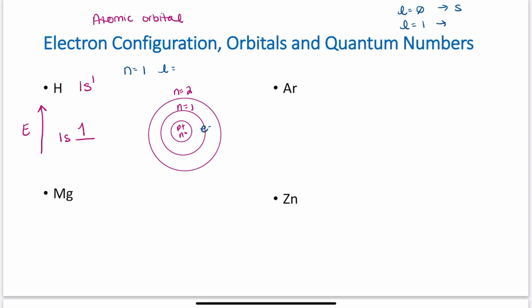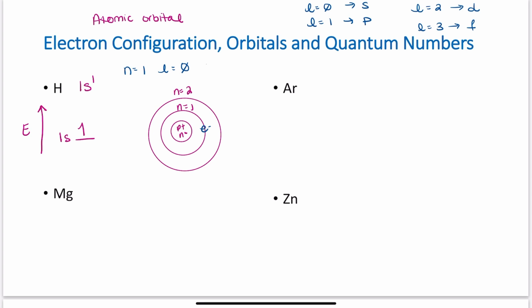An L value of 1 is a p orbital. These are lowercase letters. If L is equal to 2, it's a d orbital. And if L is equal to 3, it's an f orbital. Here, my last electron added in was an s orbital, so my L value will be 0.